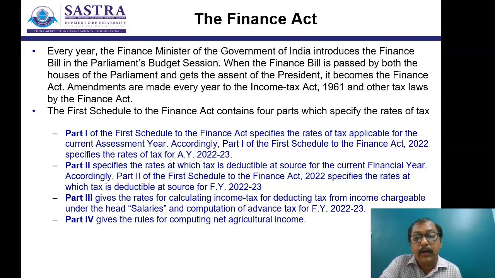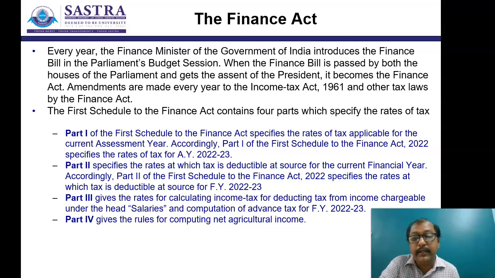Accordingly, Part 1 of the first schedule of the Finance Act 2022 or 2023 specifies the rates of taxes for the assessment year 2022-2023. Second part specifies the rates at which the tax is deductible at source for the current financial year.